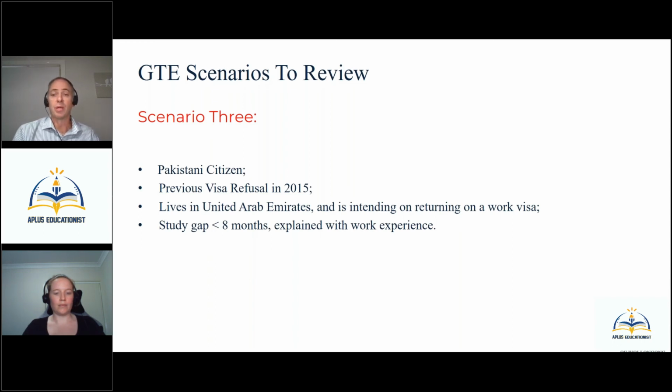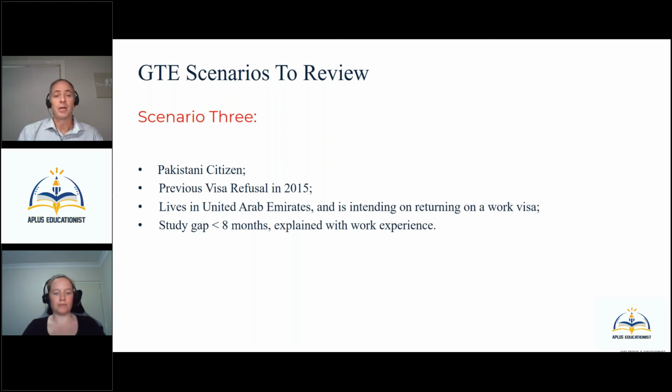Although the visa refusal was from 2015, we did take this into consideration as it was not initially declared on the GTE form. Although the student had advised their circumstances had changed since the previous visa refusal, it was not initially noted on the GTE form. They also did not have any family onshore, spouse or children. As I touched on, the study gap was explained with work experience.